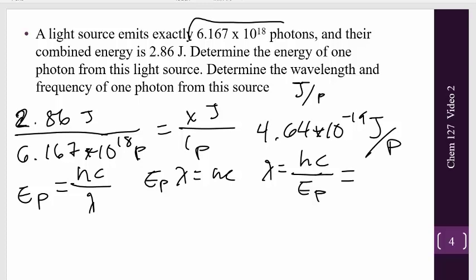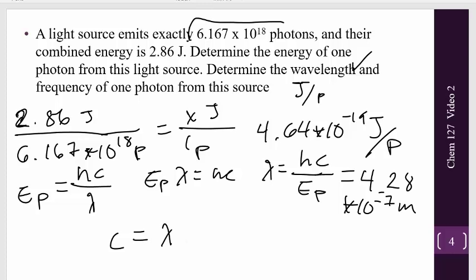If we plug in the constants that we know and the joules per photon that we just determined, we can determine the wavelength, which is 4.28 times 10 to the negative 7th meters, or 428 nanometers. So now we've determined the wavelength, and we just have one more thing to do, the frequency. I'm just going to determine this using the speed of light is equal to the wavelength times frequency.